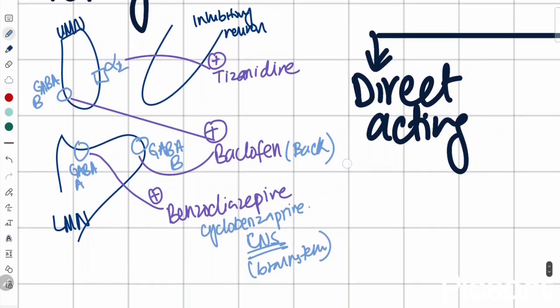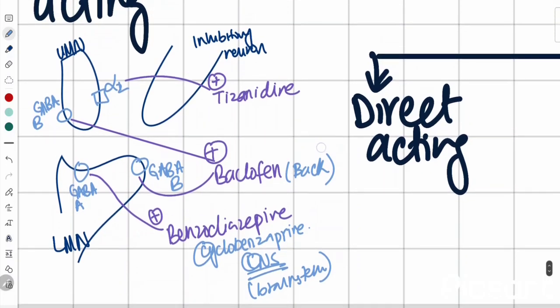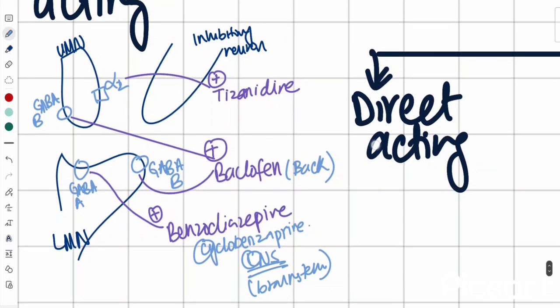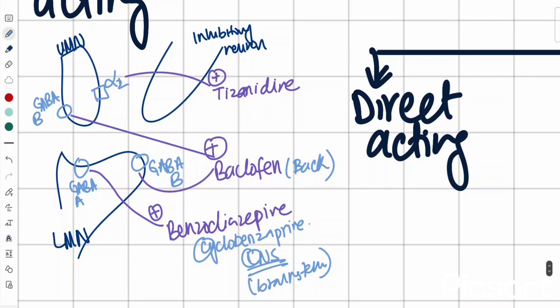Okay, and it is also centrally acting, so C for CNS, and it is structurally related to TCAs. Anyways, next we have tizanidine. Tizanidine is an alpha 2 agonist, and this is used in muscle spasticity, multiple sclerosis, ALS, and cerebral palsy.